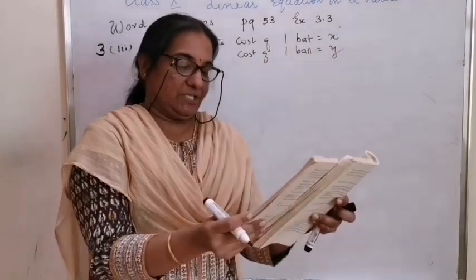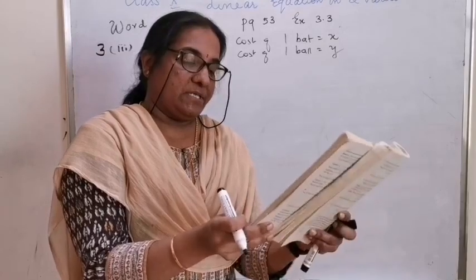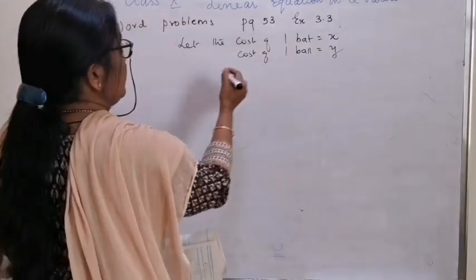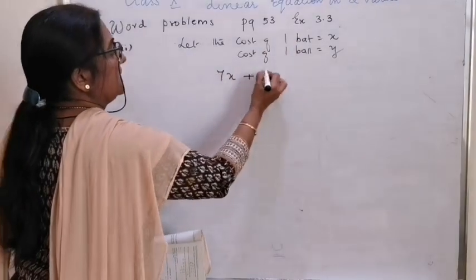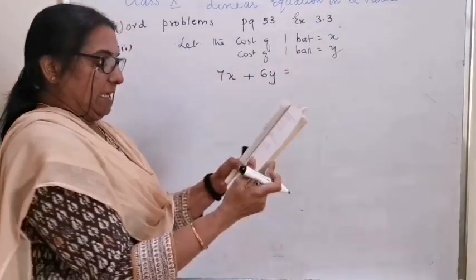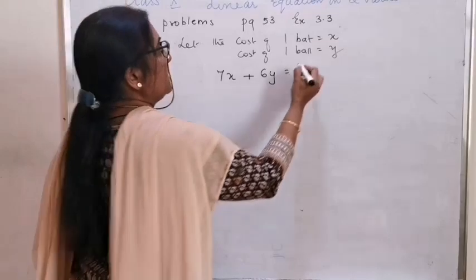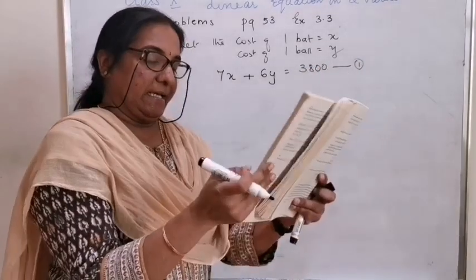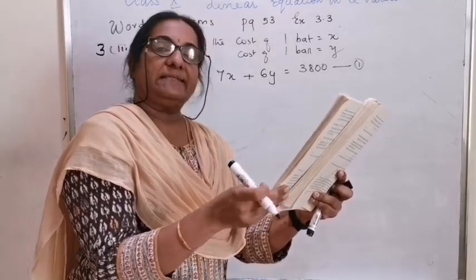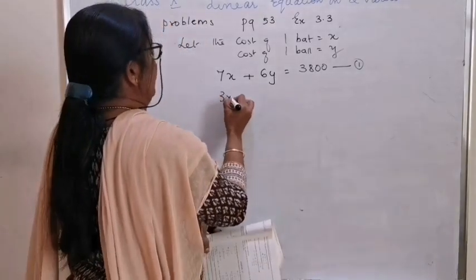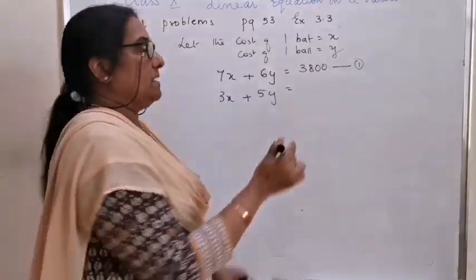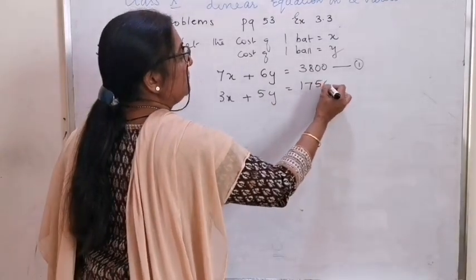So the first condition is the total amount for 7 bats and 6 balls together amounts to rupees 3,800. And the second equation, 3 bats and 5 balls will cost rupees 1,750.